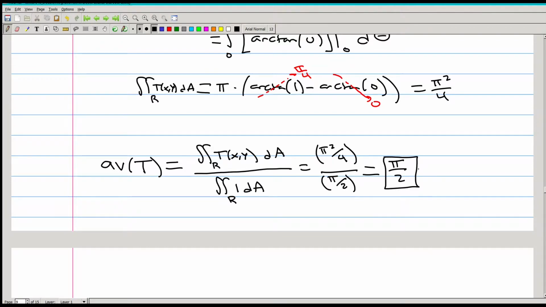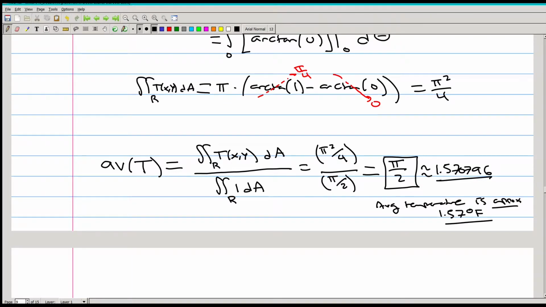This is approximately equal to 1.570796. So the average temperature is approximately 1.57 degrees Fahrenheit in the region.